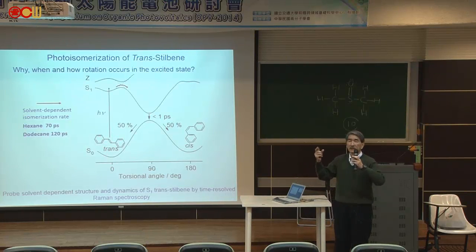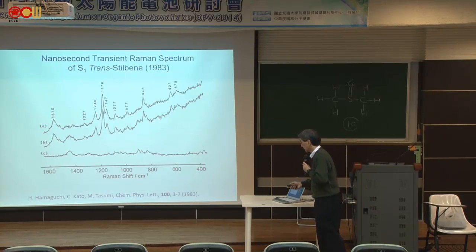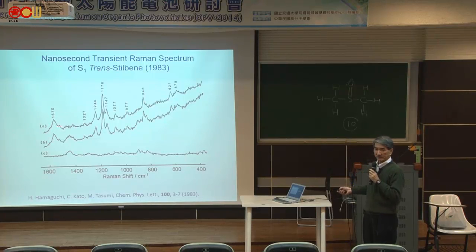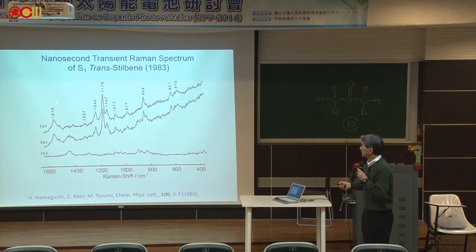If it's the central CC stretch, then the frequency should be affected by the carbon-13 substitution. Then we found that this peak shifted, but all the other peaks remained the same. So that means this is the central CC bond, with a wave number of 1570.